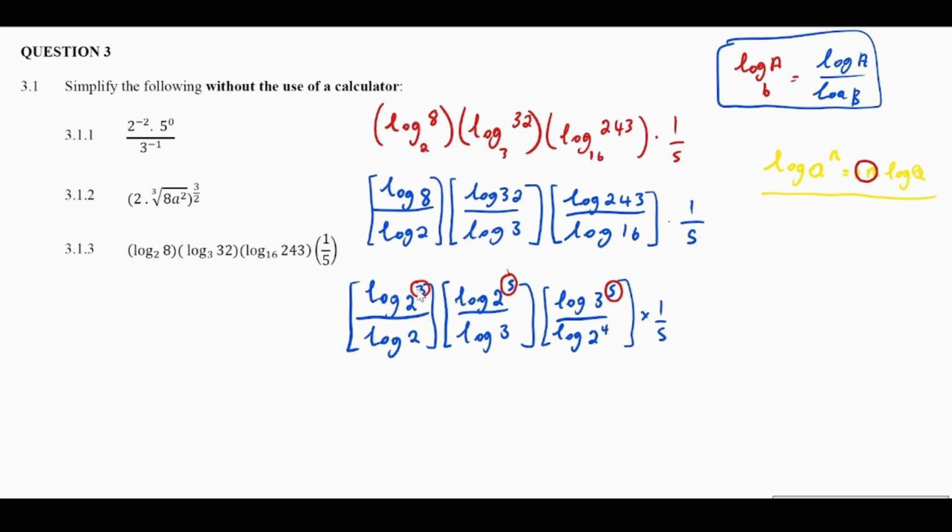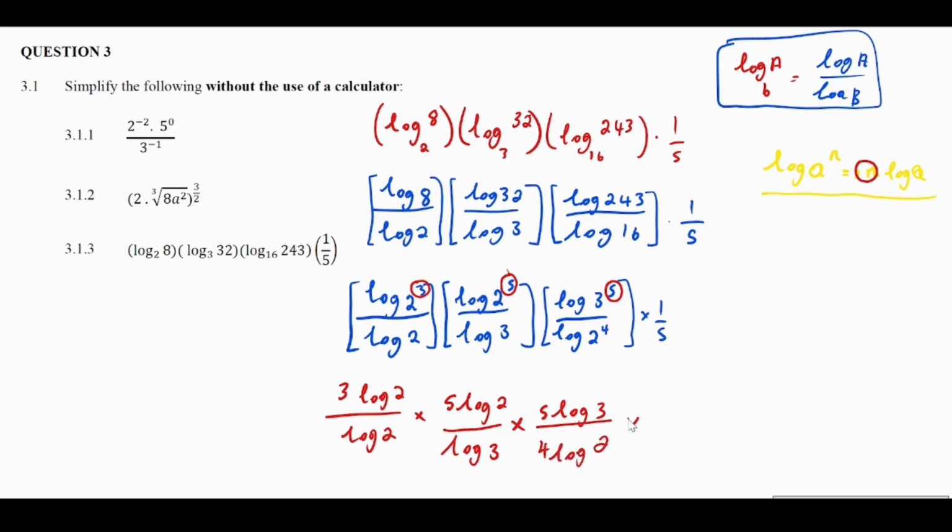So this one basically is going to be 3 into the log of 2. You divide this by the log of 2. Multiply by, here I'm going to have 5 into the log of 2. You divide that by the log of 3. Multiply that by, I'm going to have 5 into the log of 3, all divided by 4 into the log of 2, all of this multiplied by 1 over 5.